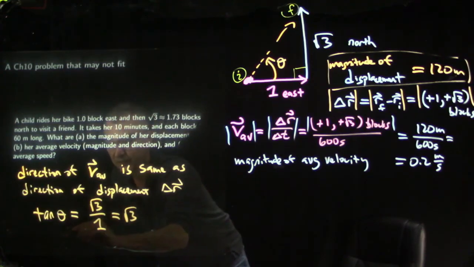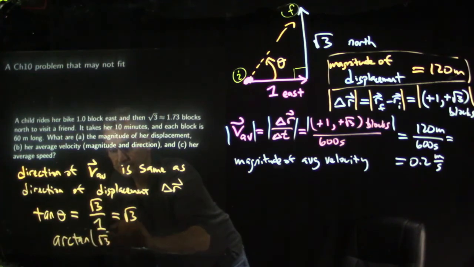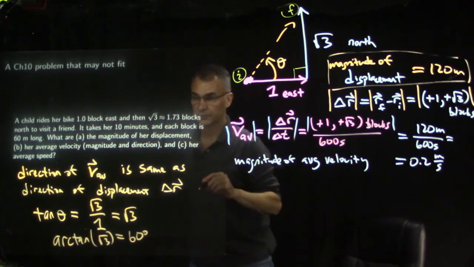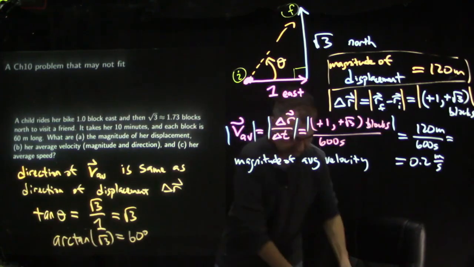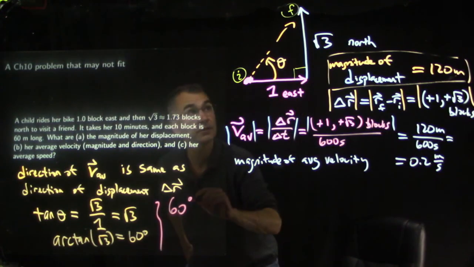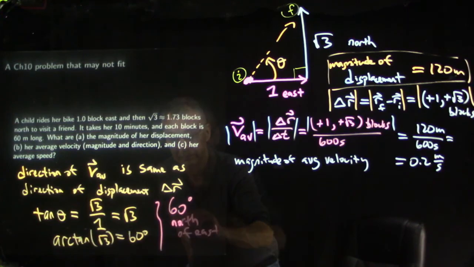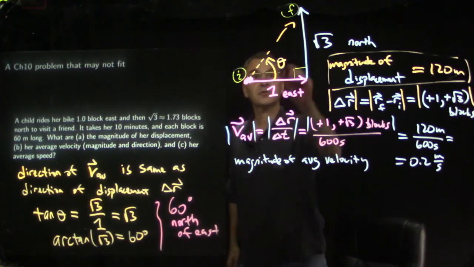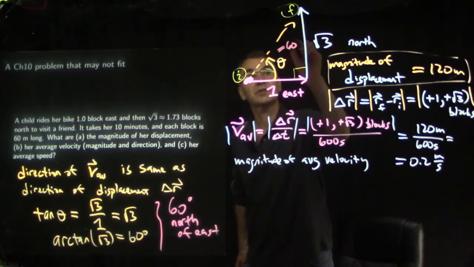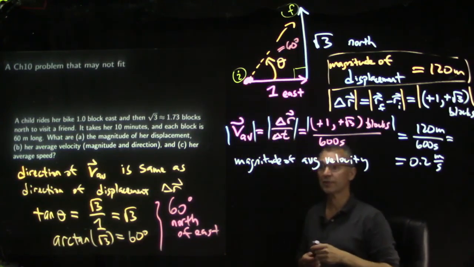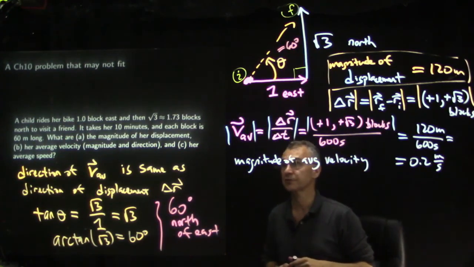So arctan of root 3 is 60 degrees. So this is 60 degrees north of east. So this theta is 60 degrees. So the direction of her displacement is 60 degrees north of east.